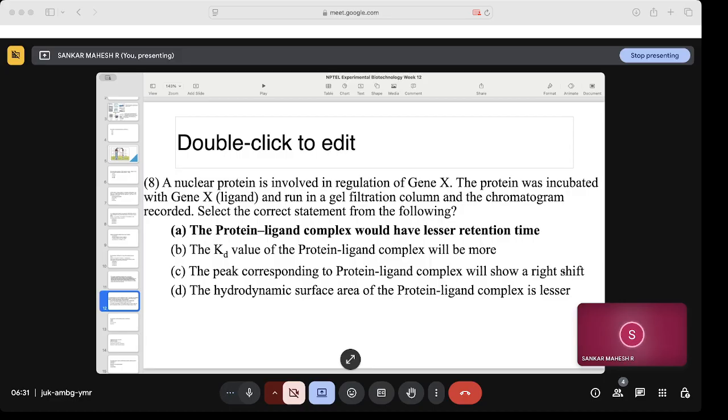Dissociation constant tells you the rate at which these two proteins can bind and unbind, considering that all these exist under an equilibrium. Does it tell you anything about shift of peaks?